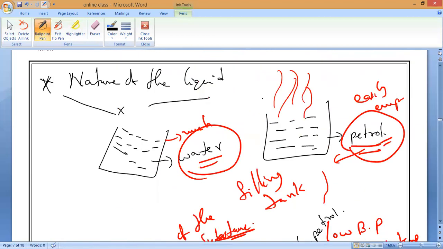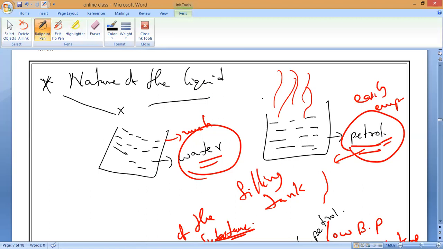So the rate of evaporation will be decided by the nature of the substance. That is volatility. To know whether evaporation is faster or slower, first of all we should know whether the given substance is volatile or non-volatile. Will you accept it?